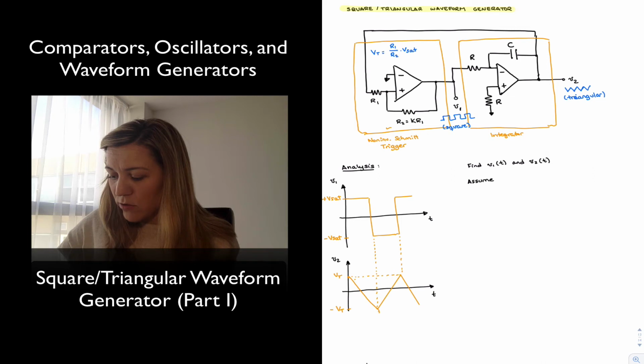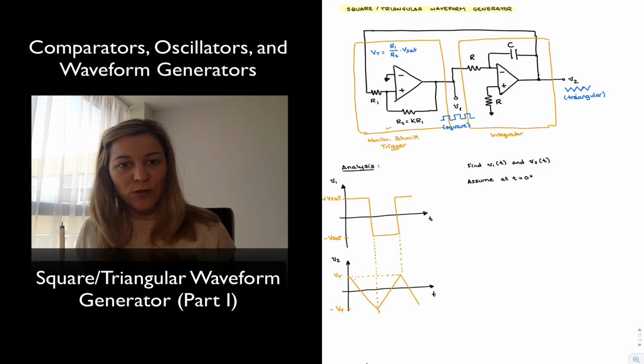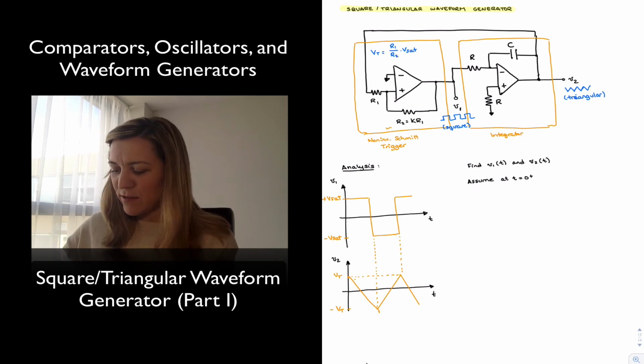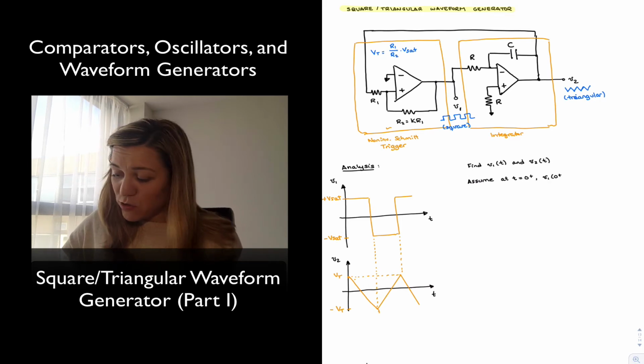We're going to assume that at t equals 0 plus, meaning right on the right side of the 0 axis, V1 of 0 plus is sitting at positive saturation.